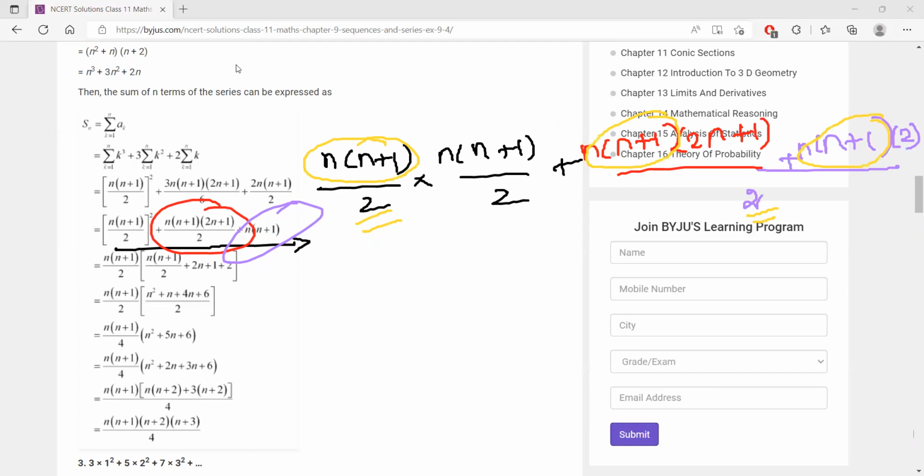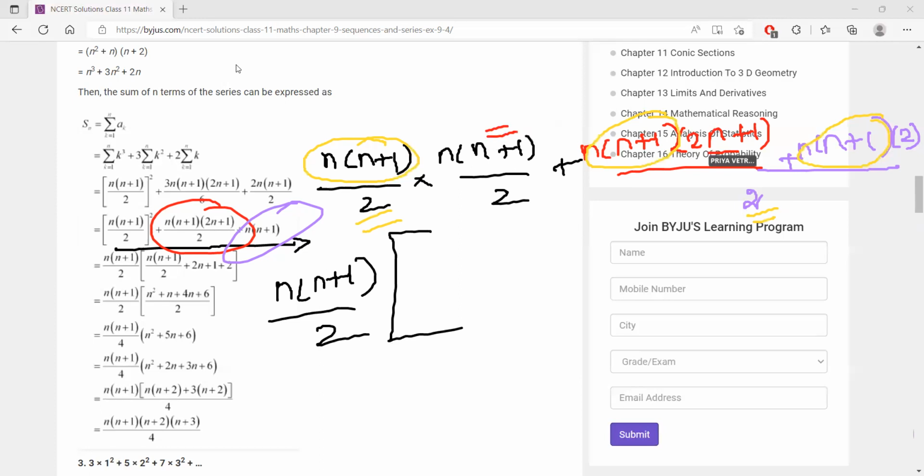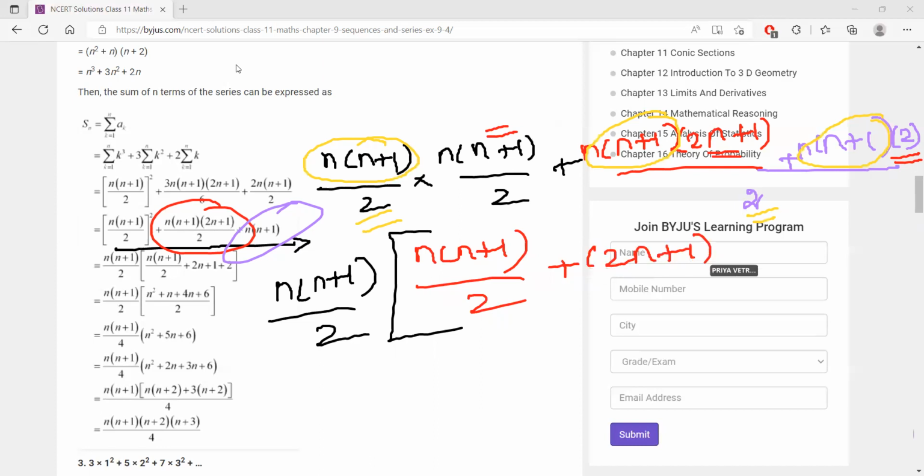So you are just taking n into n plus 1 by 2 as common. So you will be left with this and this and this 2. So you will have n into n plus 1 by 2 plus this 2n plus 1 from the second term and the 2 from the third term.